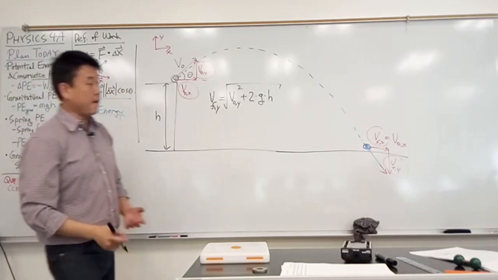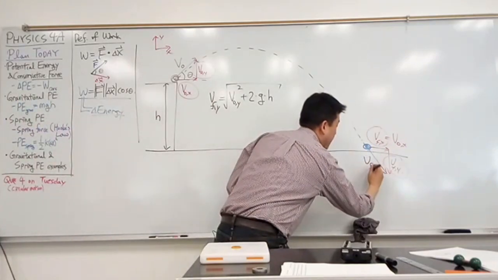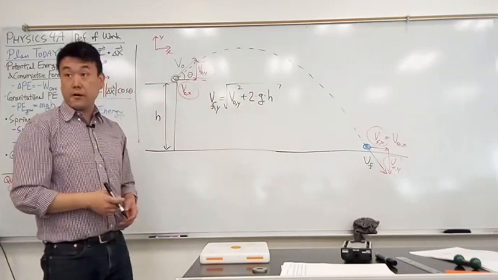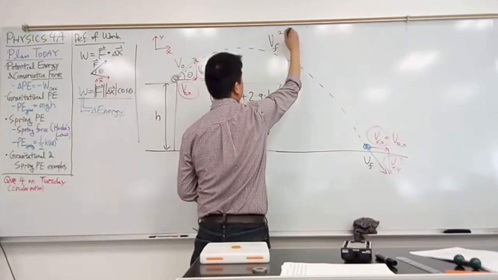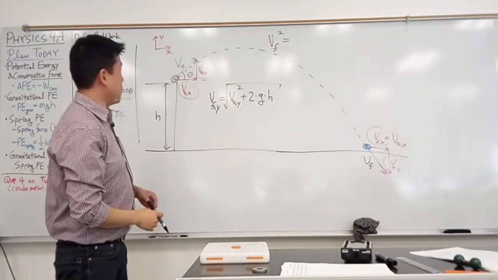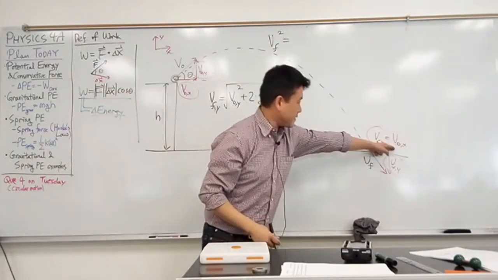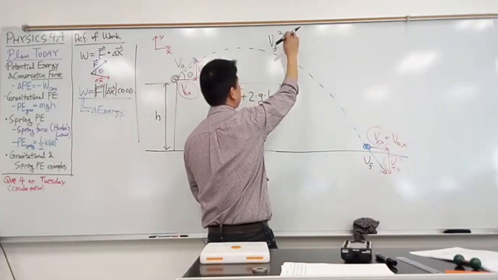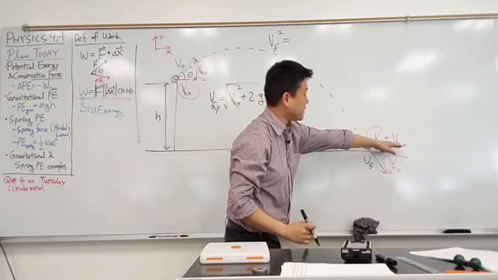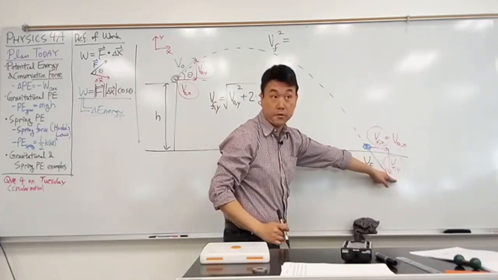Now, let me write out what the final speed V final is using the Pythagorean theorem. When I do that, this is what you get. V final squared is equal to x component squared plus y component squared.